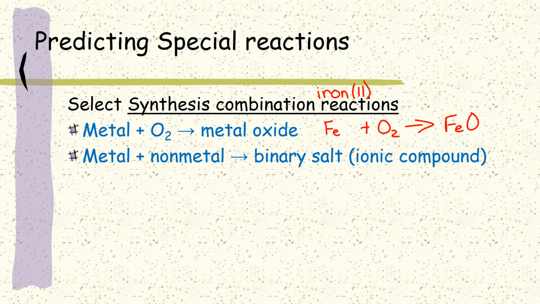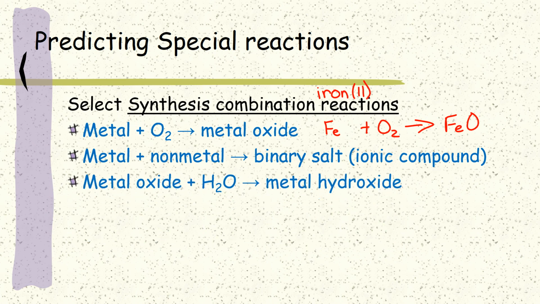A metal plus a non-metal is going to create an ionic compound that we call a salt. Like potassium and chlorine becomes potassium chloride, magnesium and bromine becomes magnesium bromide, things like that. Those are all just called binary salts.